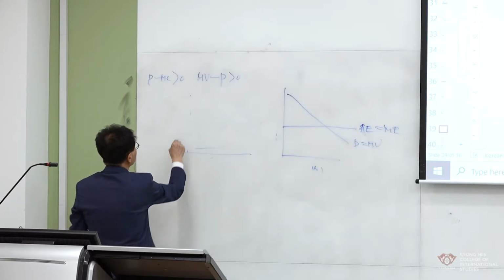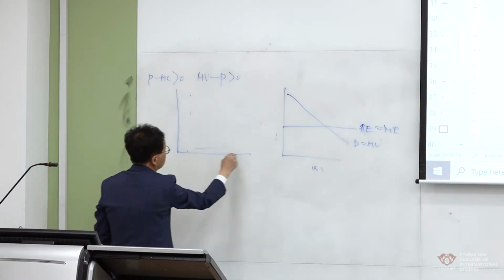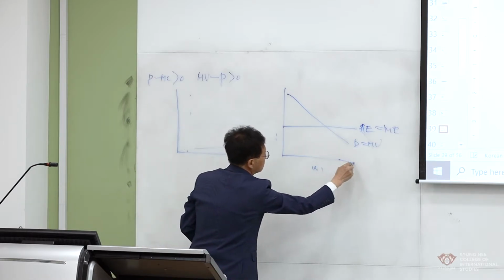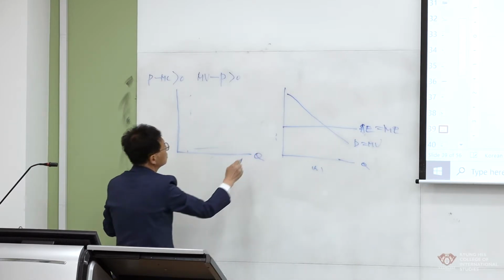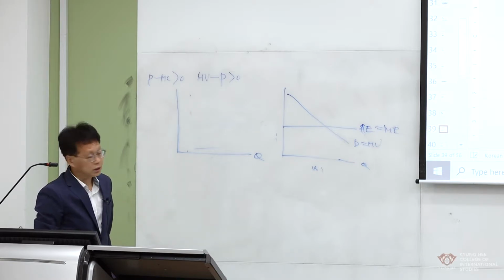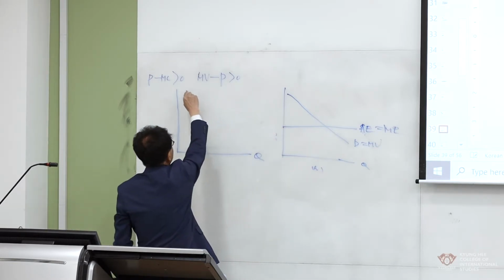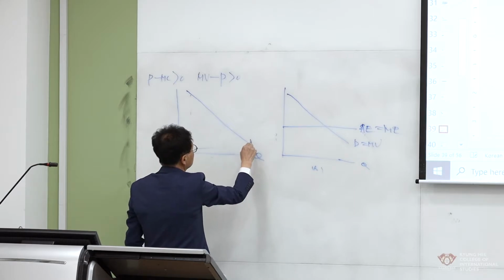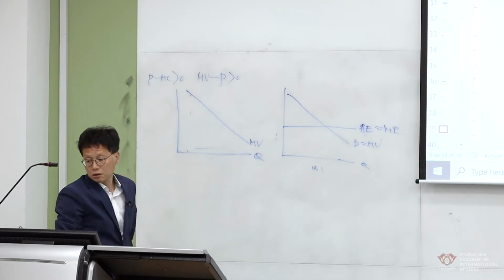In the monopsony case, there exists only one buyer. That is QD, QS, Q. The demand curve, or marginal value, is the same.